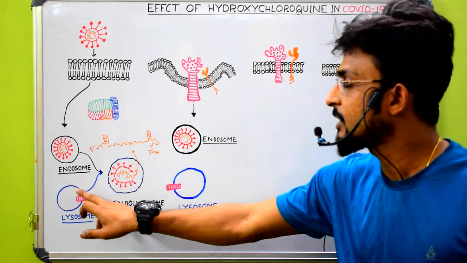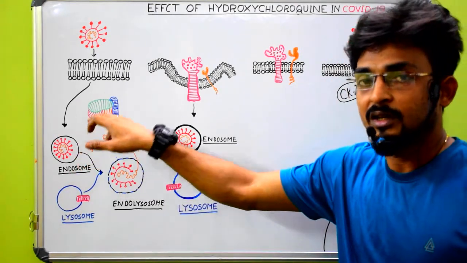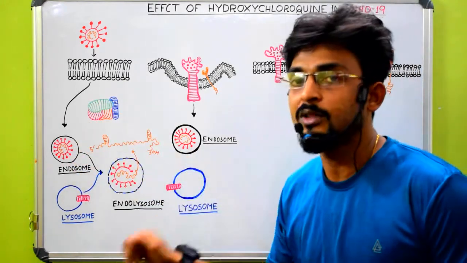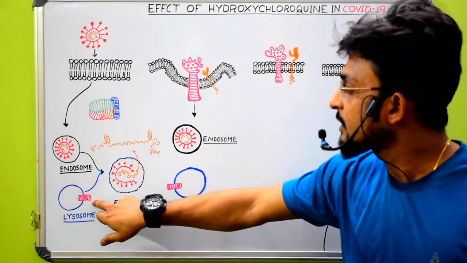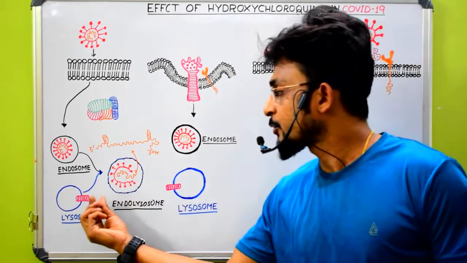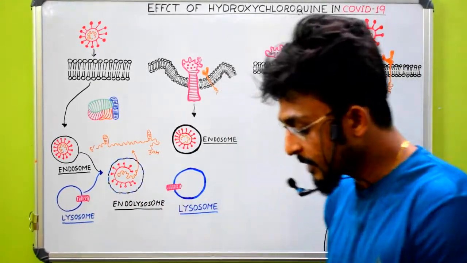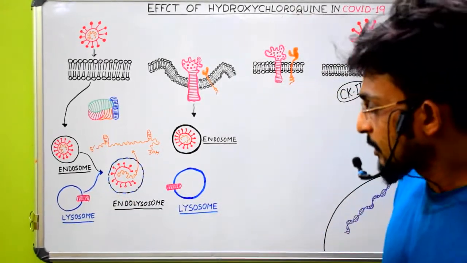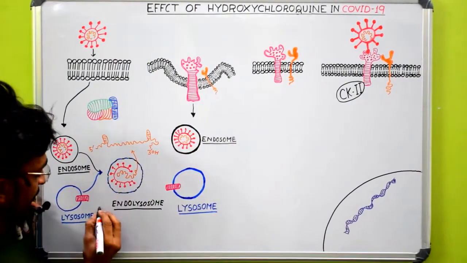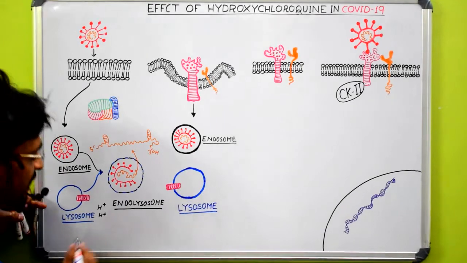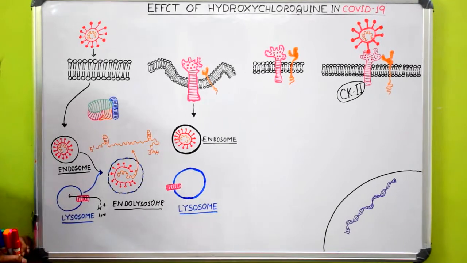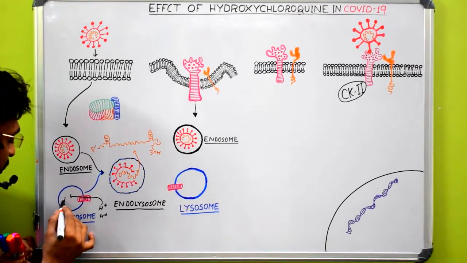This lysosome is creating a slightly acidic endosomal environment, so it is lowering the pH. How? As you have seen here, one particular channel, a pump, is there. This pump is the proton pump, and it drags protons from the cytosolic region inside the lysosomal organelle. This is the cytoplasm, and here a lot of H+ ions are present, and these ions are dragged inside the lysosome to decrease the pH.